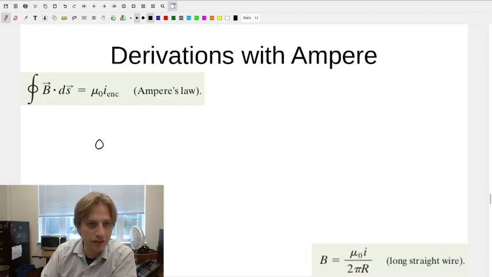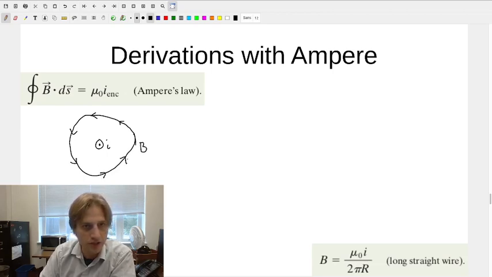Let's start out with the idea of a line of current, and let's have that line of current coming out. Now, you'll remember that my B field is directed in a circle around this I. So there's your B field. This is perfect for application to Ampere's law, because if I integrate around this circle, the B and the little dS's, the little line segments around the circle that I use, are always going to be in the correct order.